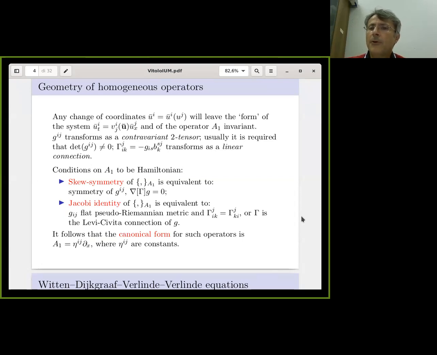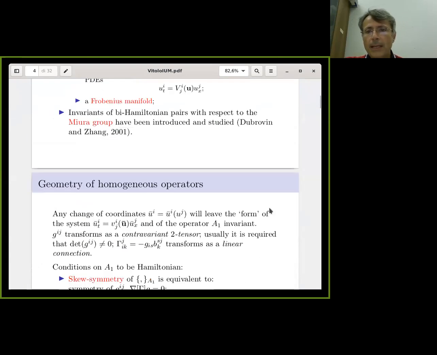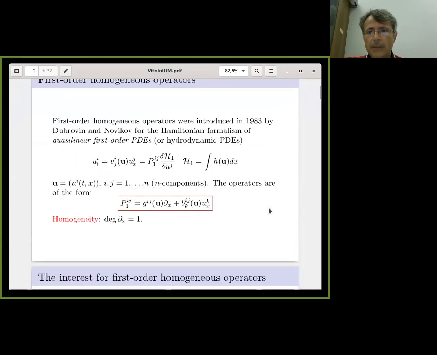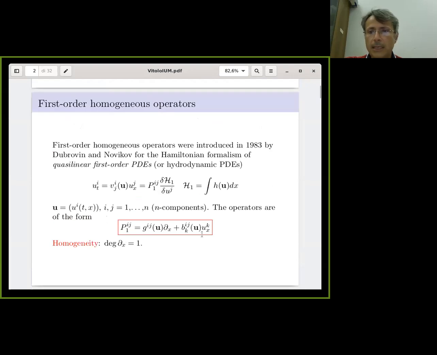And what happens for the class of operators that we considered is that if we go back to the form of the operator, which is here, this is a Hamiltonian operator if and only if Gij is symmetric. And then in the non-degenerate case, so the determinant of Gij is different from 0, you can use the inverse of this matrix to lower one of the indices in bijk.